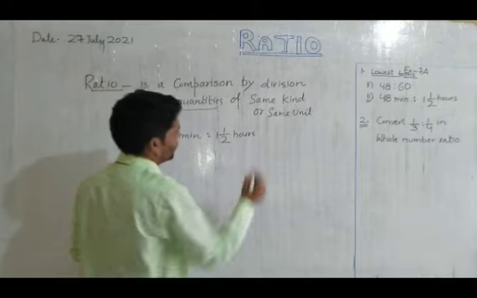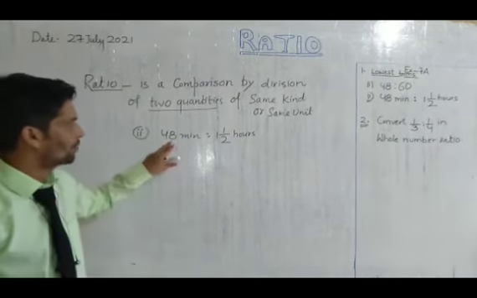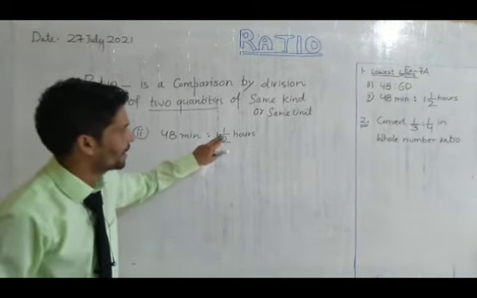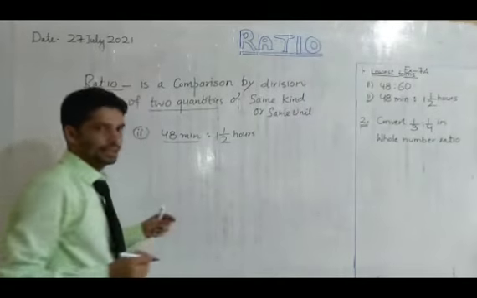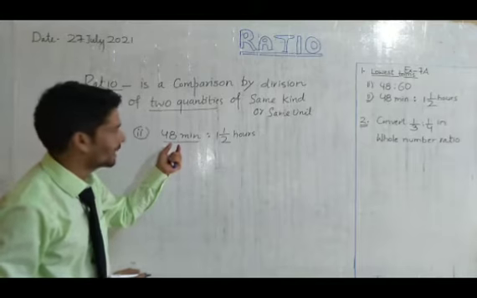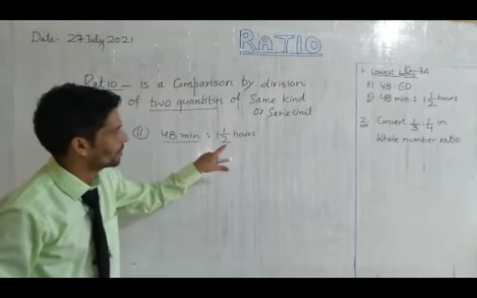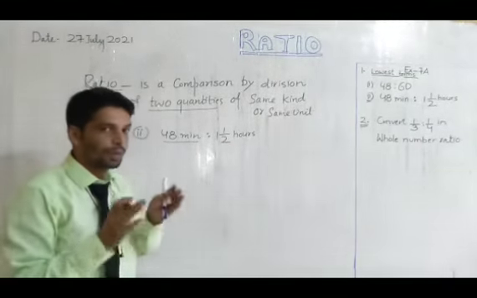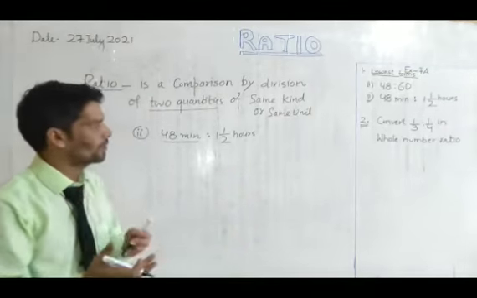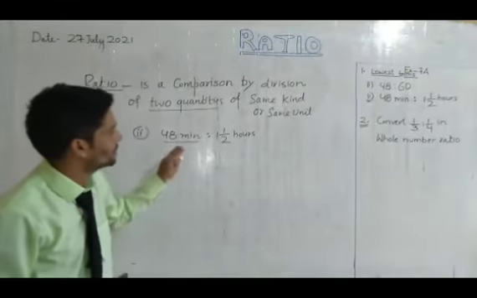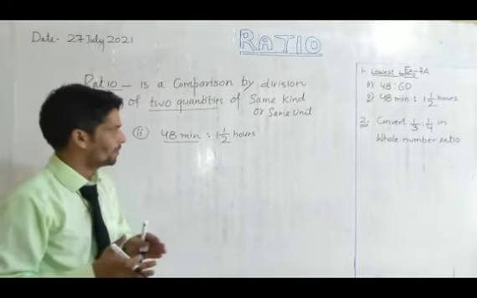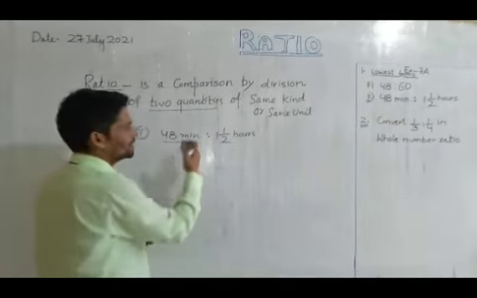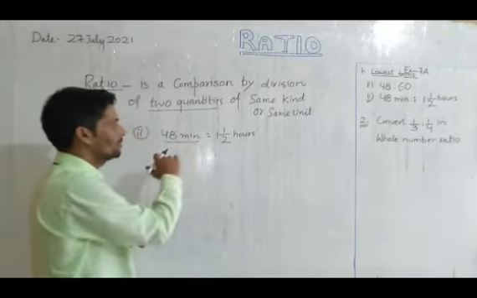We have to calculate the ratio between 48 minutes and 1.5 hours. Look here, your first antecedent is in minutes and the consequent is in hours. So to calculate the ratio between these two, we have to make the units the same. So we have to convert minutes into hours or hours into minutes.